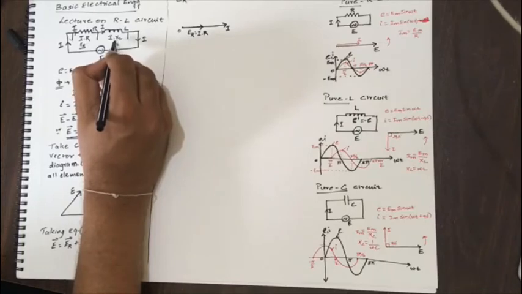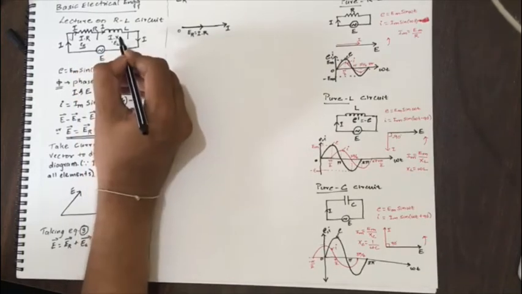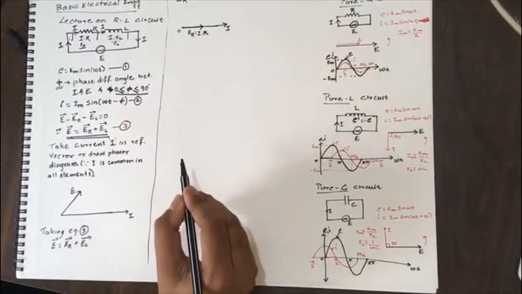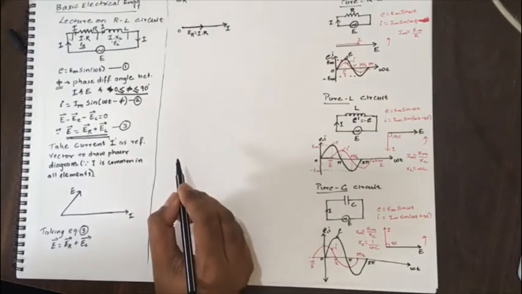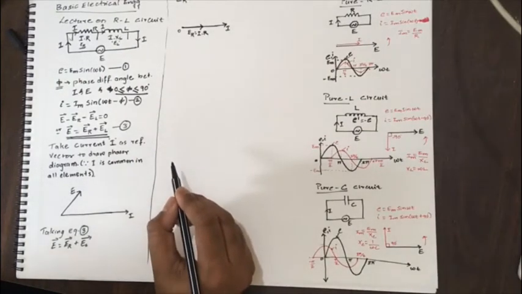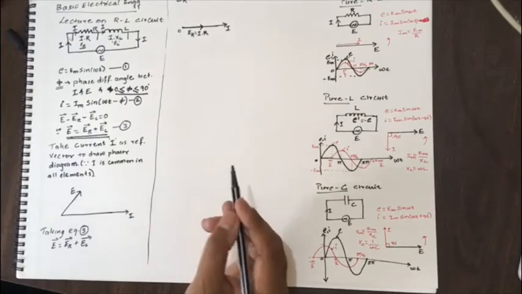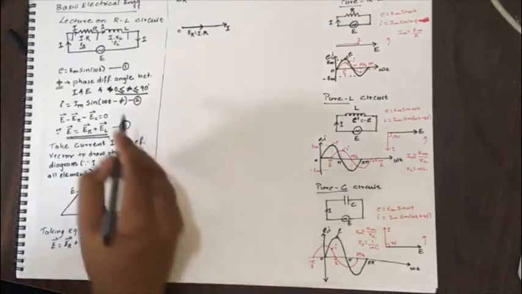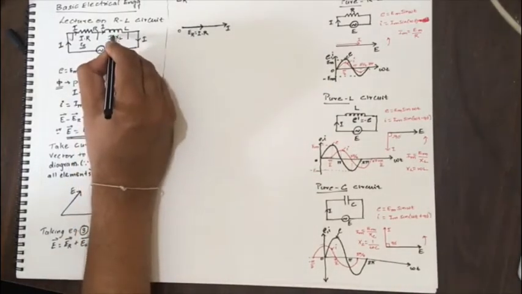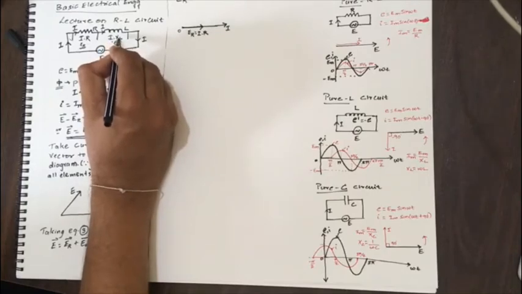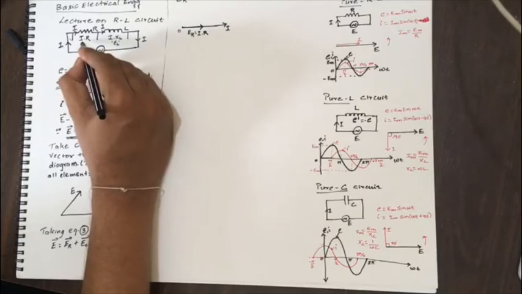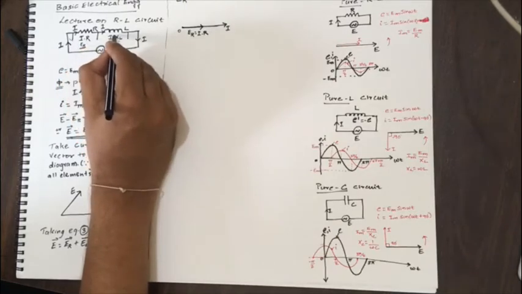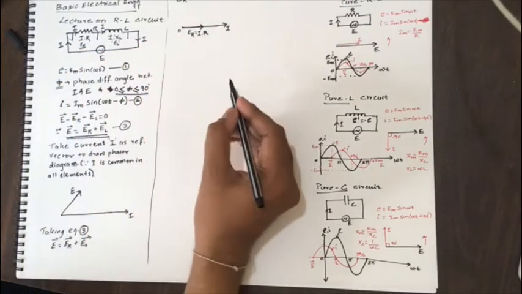Now please note that this EL is a self-induced EMF across L, because inductance has the nature of self-induction. L is self-inductance, therefore there is a self-induced EMF. And I into XL is the analogous representation of the voltage drop I into R, where XL is called the inductive reactance.